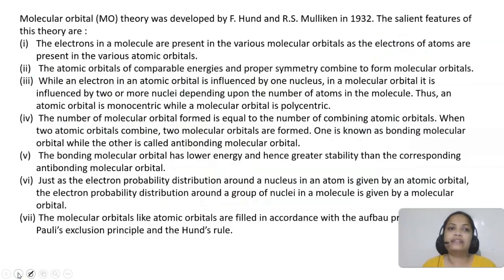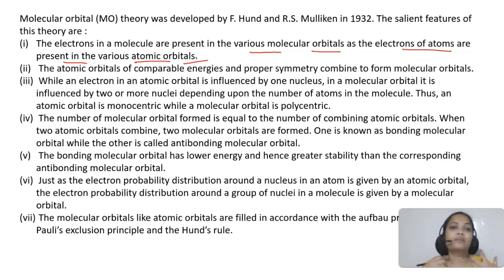But before that, let us discuss the various postulates of this theory. Okay, so what are the postulates of this theory? Try to understand. The electrons in a molecule are present in various molecular orbitals, as the electrons of atoms are present in atomic orbitals. When we studied hybridization, we saw that electrons of the atoms are present in atomic orbitals.